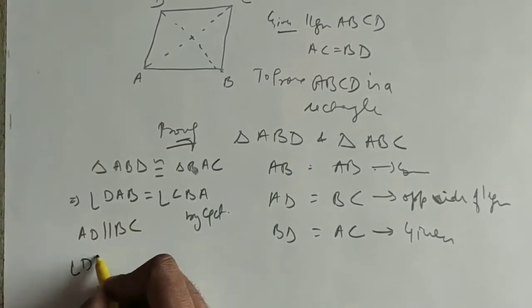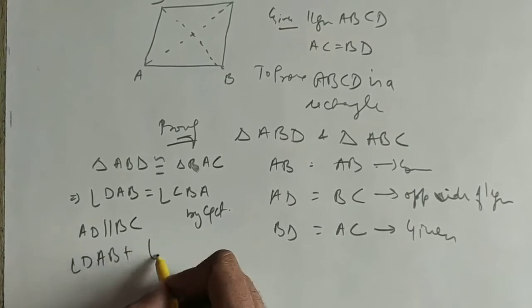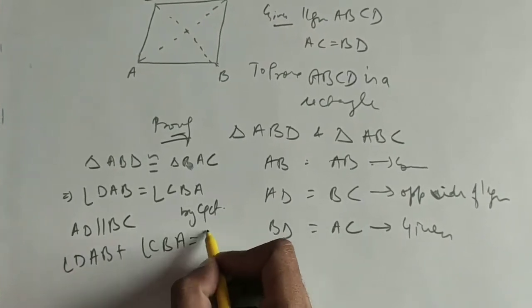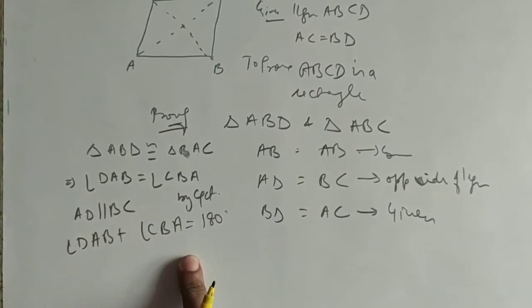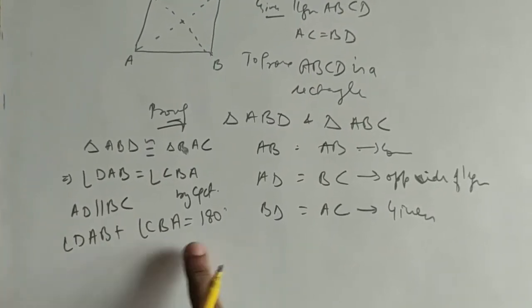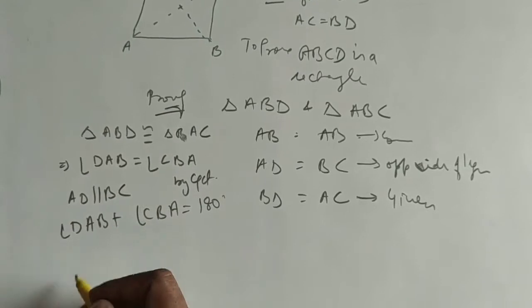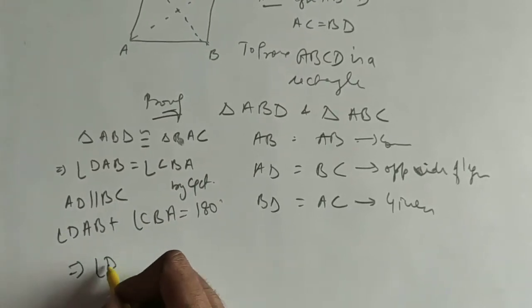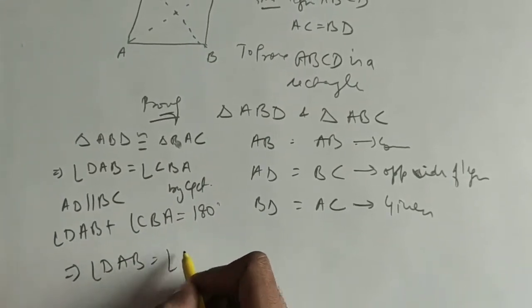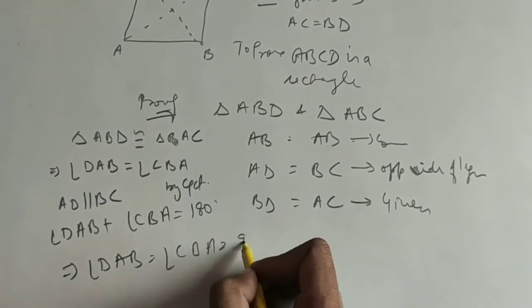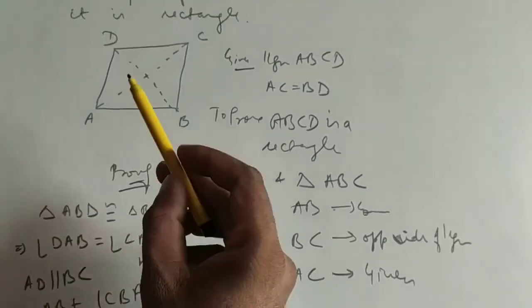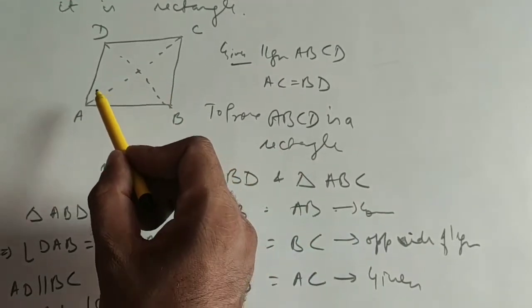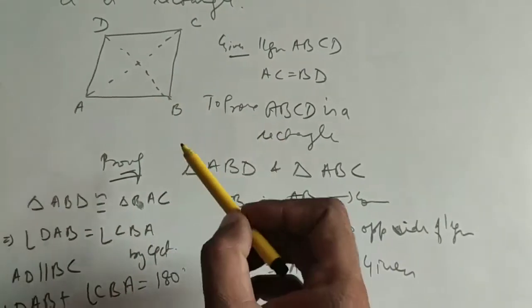So the sum of these two angles must be 180 degrees, because these are adjacent angles of a parallelogram. So the sum should be 180, and these two are equal. So each angle will be 90 degrees.